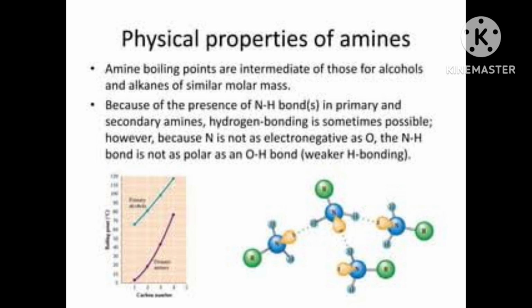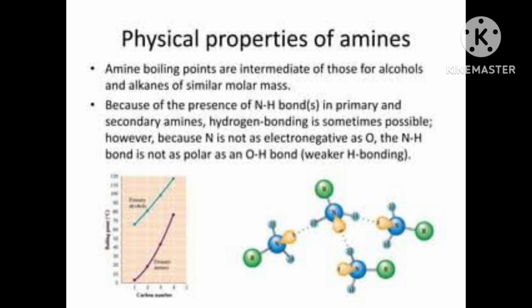Benzamide means CONH2, the amide group, attached to the benzene; it has a total of 7 carbons.